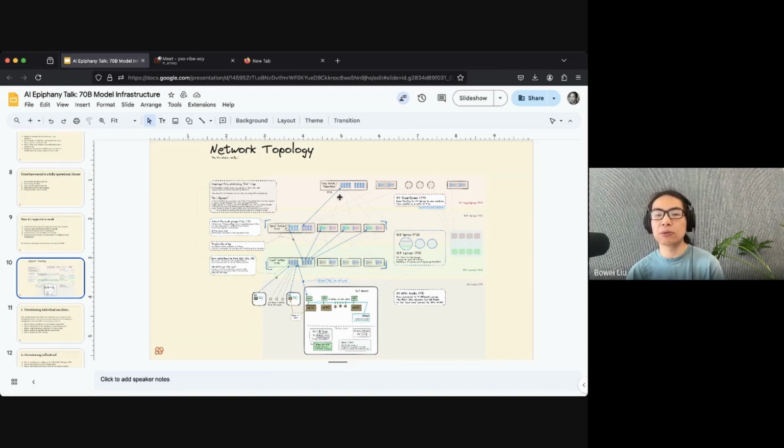The one we use is called rail optimized fat tree, which means that in a block of 32 hosts, that is 256 GPUs, all of the GPUs at index 0 are connected together, and then directly to the upstream leaf switch. Similarly, in the block of 32 hosts, the 32 GPUs at index 1 are all connected together. We call each of these indexes a rail, so GPU 0 on all the hosts is rail 0.